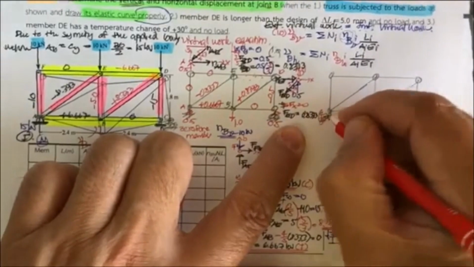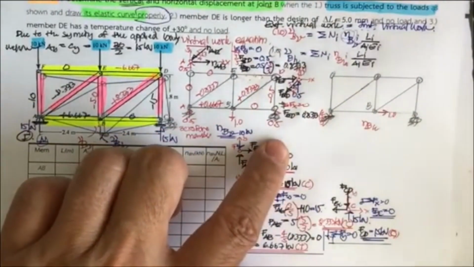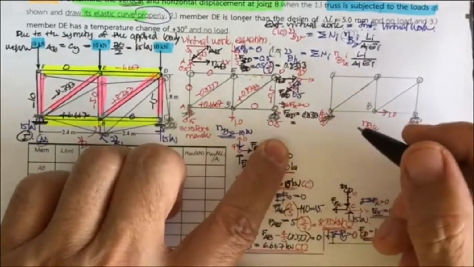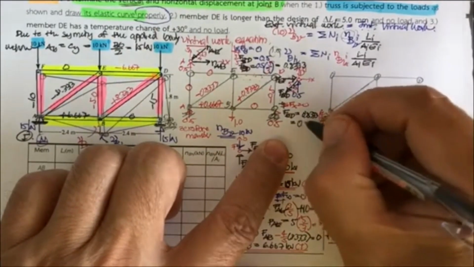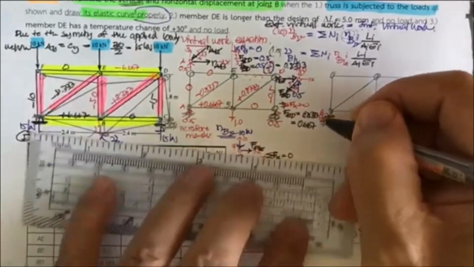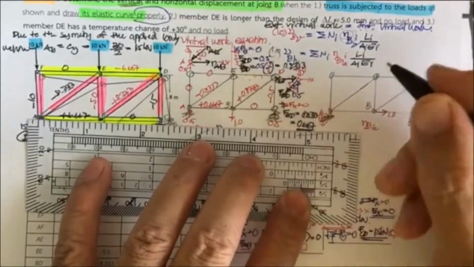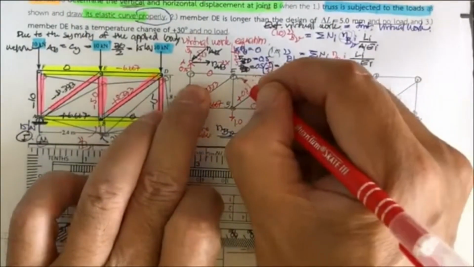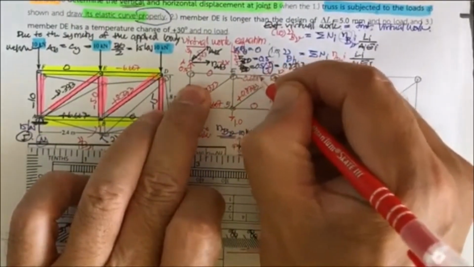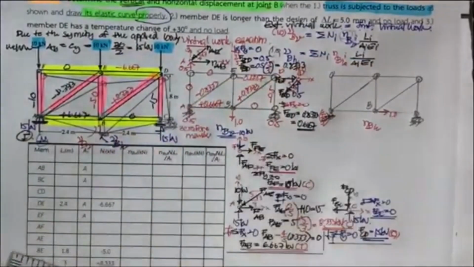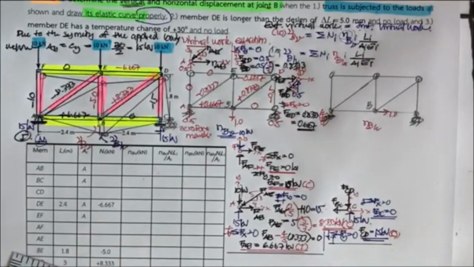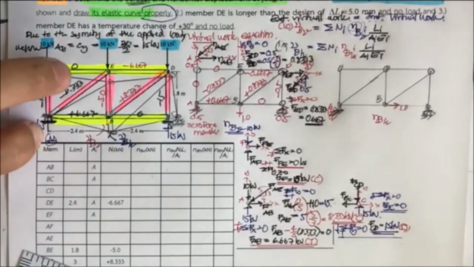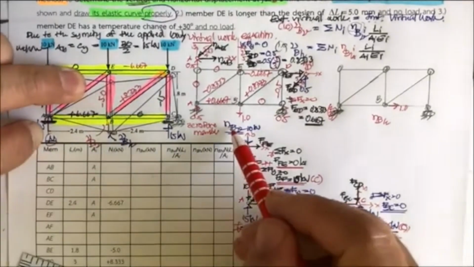Now you get F sub ED of 0.6667. This one is sure correct, and it is going to be in compression. This one is minus 0.6667.